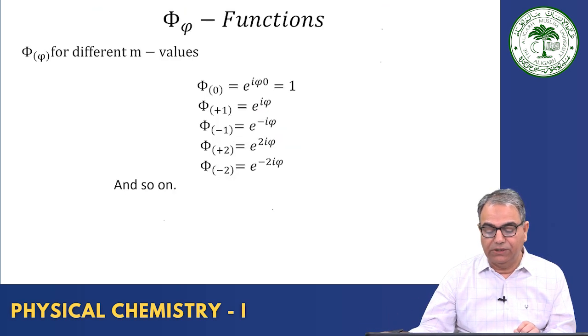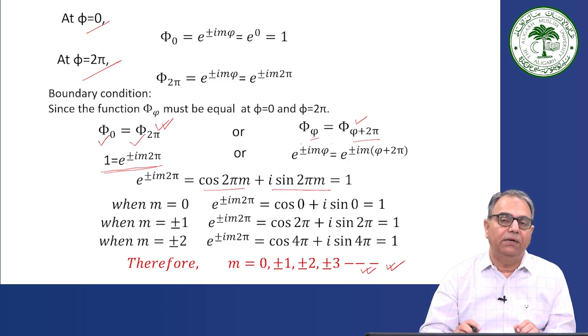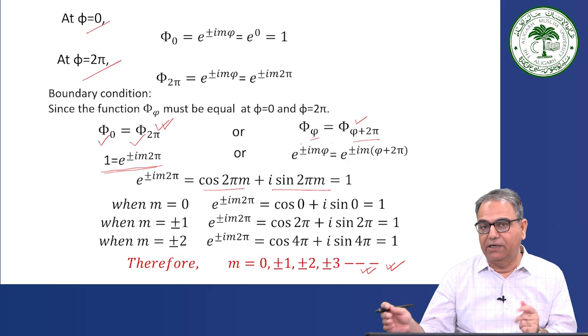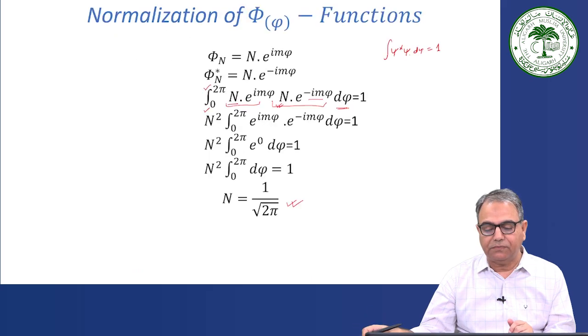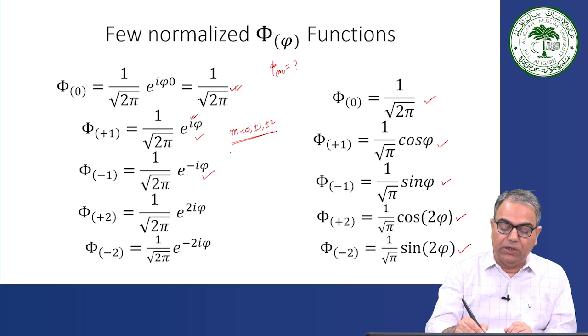You have seen this equation, which tells you why the m value is restricted to 0, plus minus 1, plus minus 2 and plus minus 3. So whatever you have learned about the quantum number, now you are going to prove using quantum mechanical calculations, whether what you learned earlier is correct or not. We will see. So this is actually the magnetic quantum number which we have done earlier.